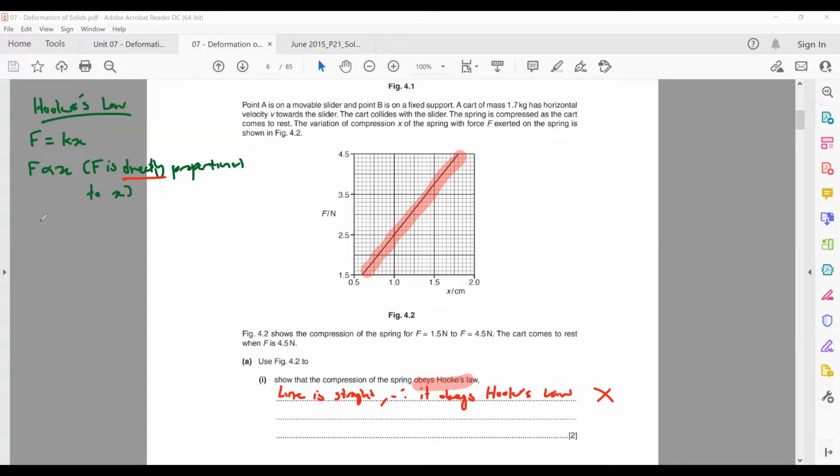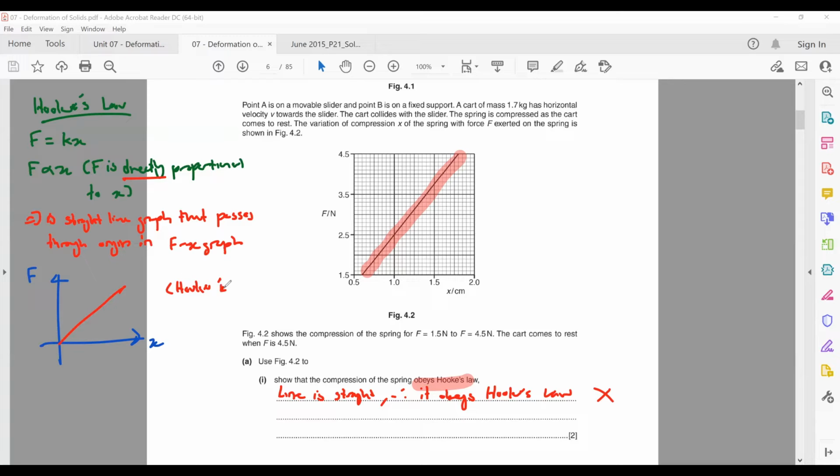If it is directly proportional, that would mean that you have a straight line graph that passes through the origin in the Fx graph. So what it means is that you are supposed to see something like this for a force versus extension graph, like this.